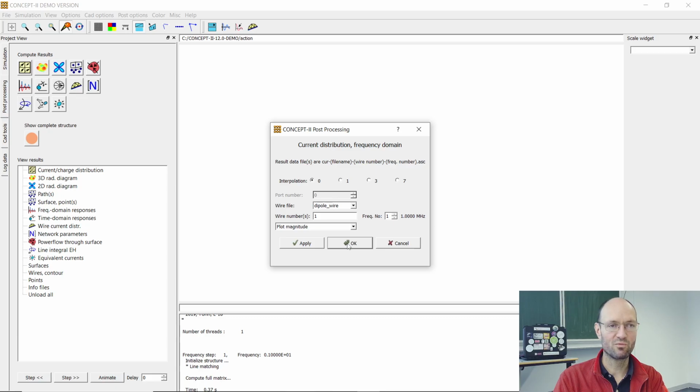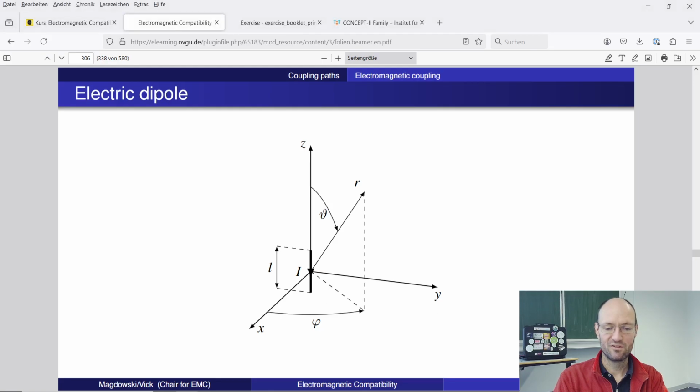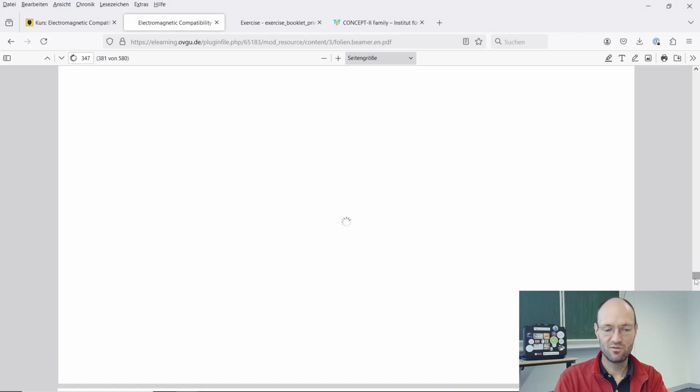What would you expect we should see in a plot? If we have a horizontal axis that shows us the position along the wire, and for each position along this wire we look at the current magnitude. What should we see? We should see something that we had seen in the table here before.